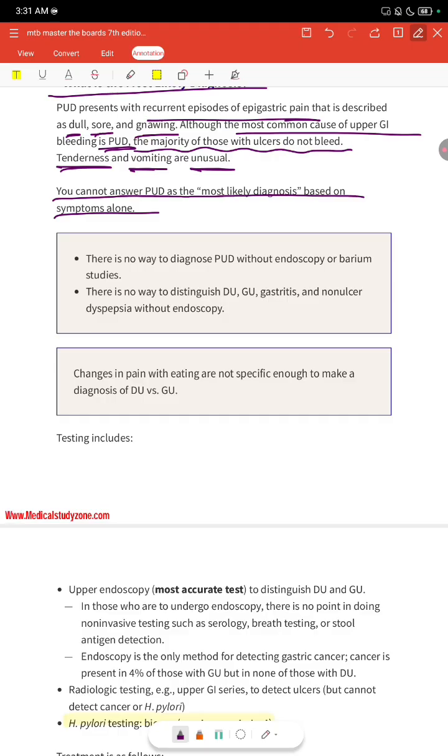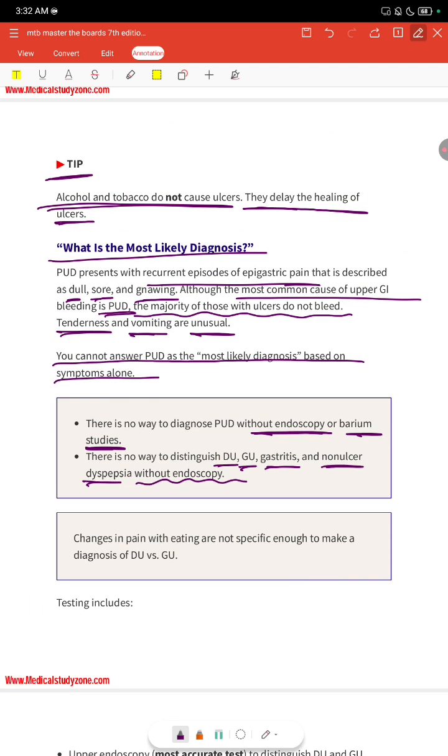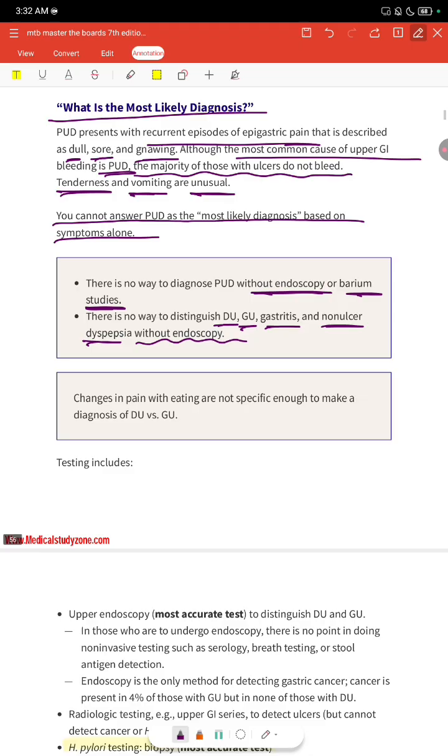There is no way to diagnose PUD without endoscopy or barium studies. You have to go for them. There is no way to distinguish DU, GU, duodenal ulcer, gastric ulcer, gastritis, and non-ulcer dyspepsia without endoscopy. You can't distinguish between these scenarios based on symptoms alone. So you have to go for the endoscopy.